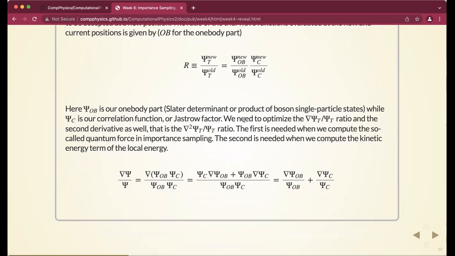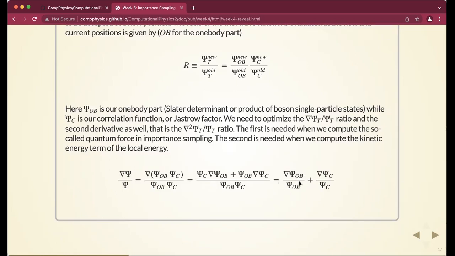So we have this ratio, and we need the ratio between the one body part and the derivative and the correlated part. The reason why I'm focusing on this, and it may not sound that exciting, is that this is the part where we need to use the insights about the wave functions in order to find an optimized algorithm which saves CPU cycles for us.